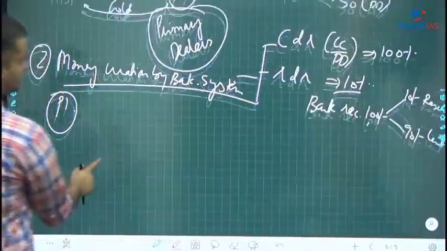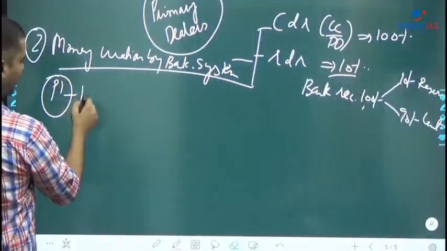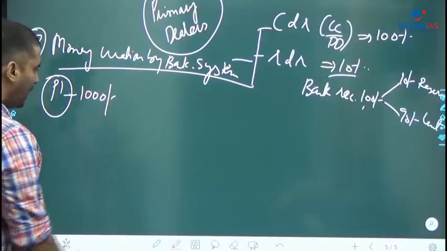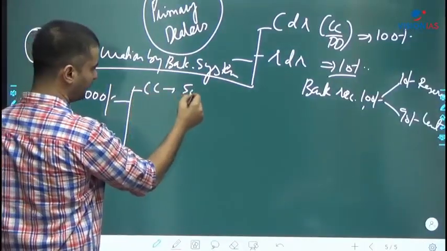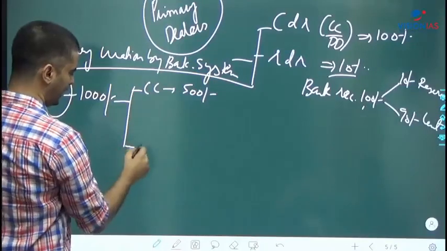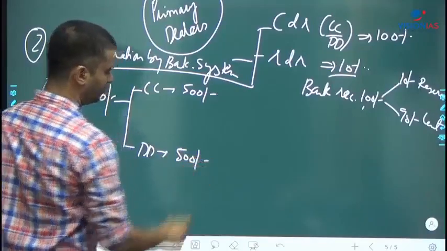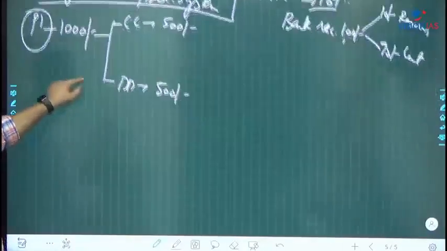Person 1, this primary dealer person 1. Person 1 has 1000 rupees. इसके पास 1000 rupees है. Out of this 1000, he will keep in form of currency 500 and he will keep in form of deposits 500. 500 rupees in form of deposit, 500 rupees in form of currency. Let us see.